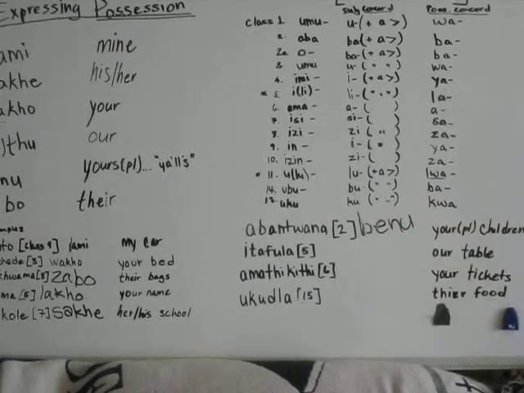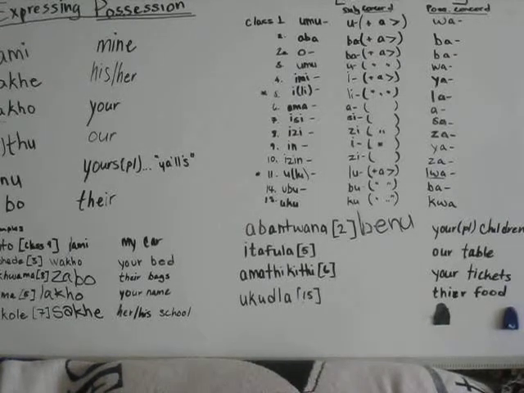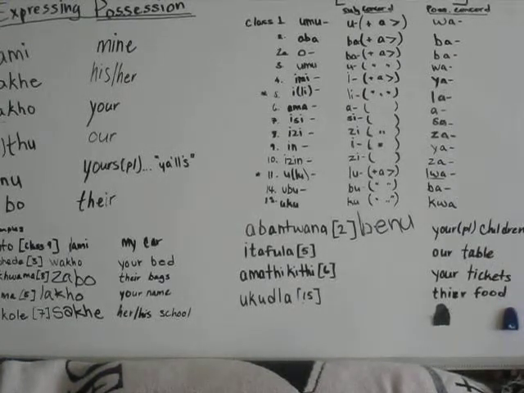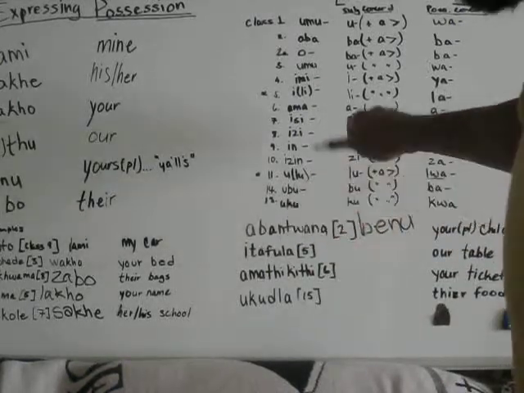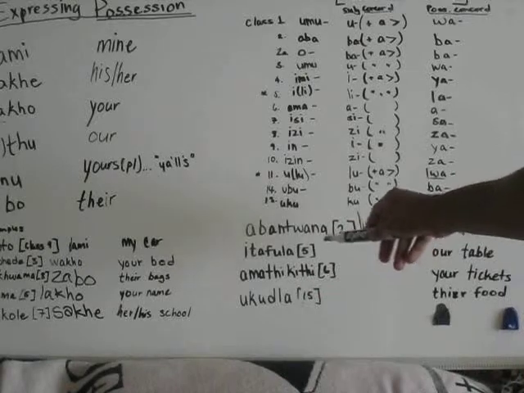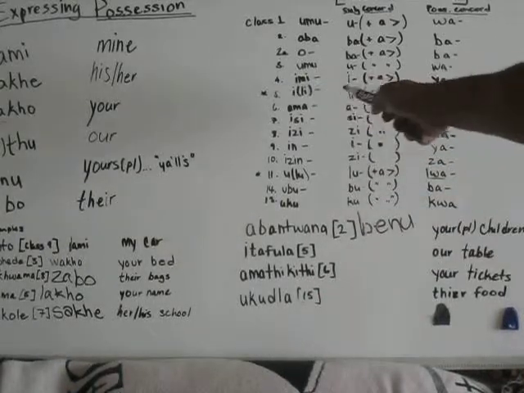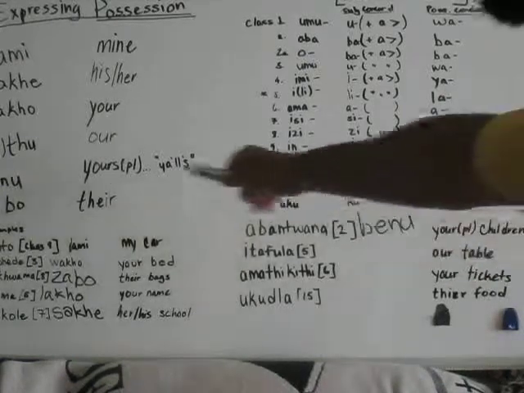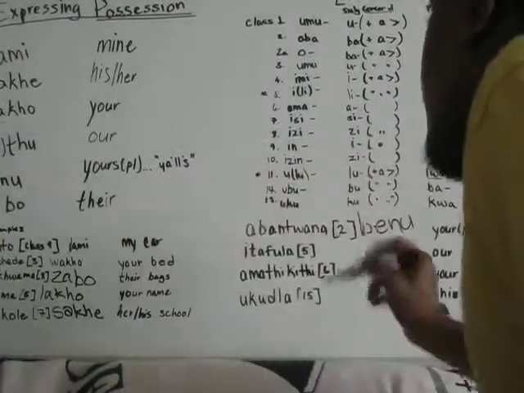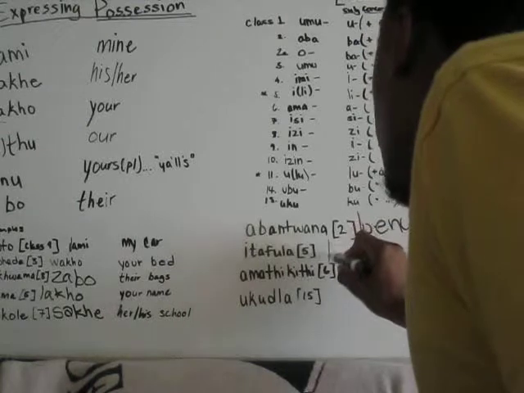Itafula, and these words are borrowed, some from English, some from Dutch. I'm not sure if this one is English or Dutch, but you see that ili is not pronounced, it's just itafula, but it is in that ili class, so you have la. So itafula, la, itu, letu, itafula letu.